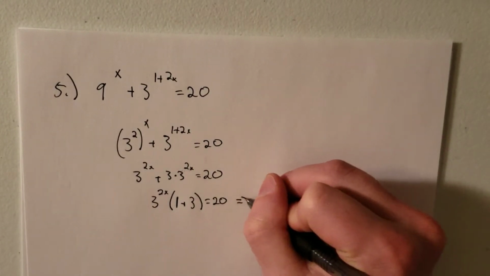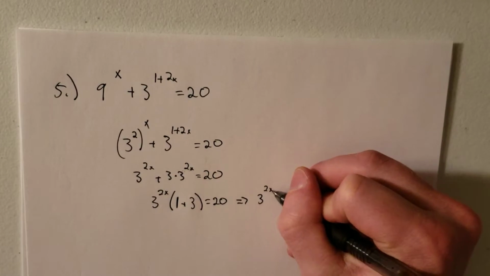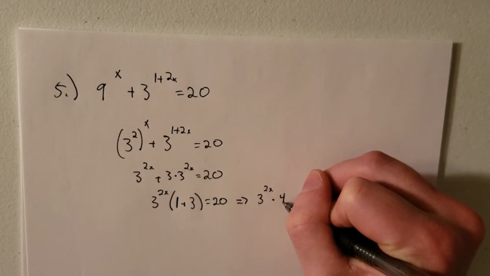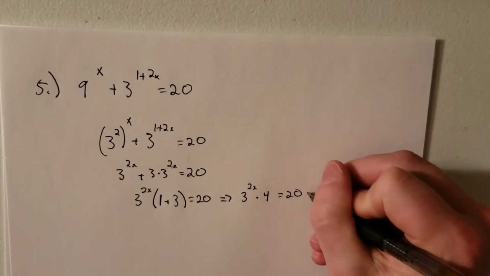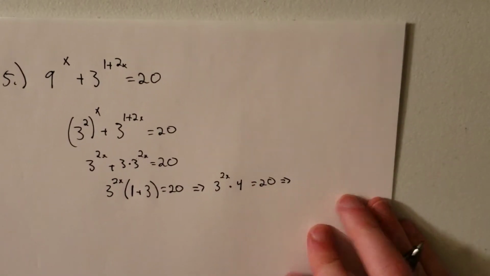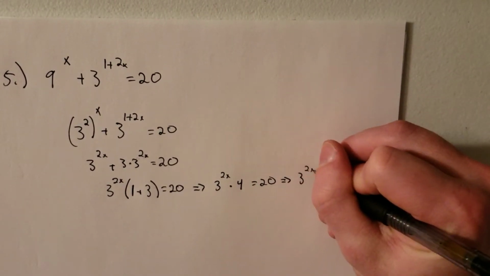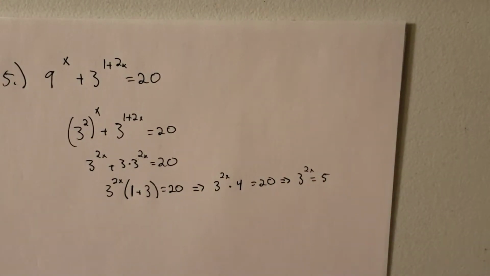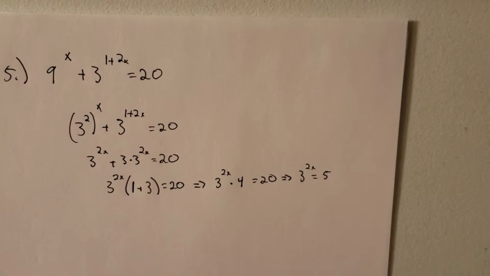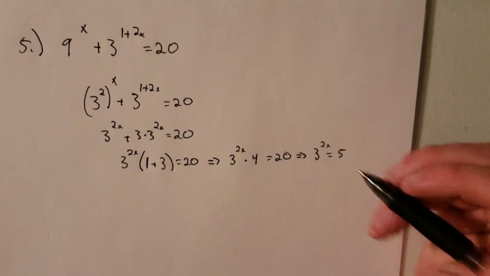So this is 3 to the 2x times 4 is equal to 20. We can divide by 4 here and get 3 to the 2x is equal to 5. And now this is like our previous two problems where we can just take the natural log of both sides.